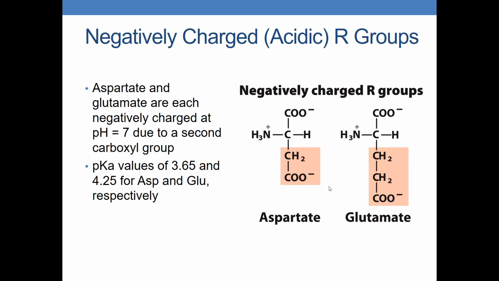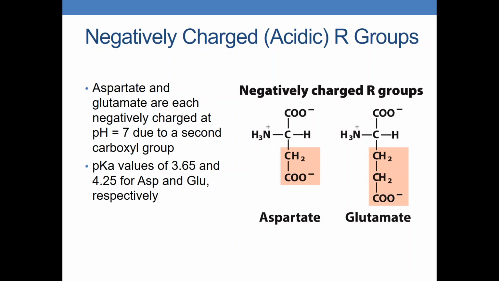The difference between aspartate and glutamate is one methylene group. Aspartate has one methylene group separating the alpha carbon from the carboxylate functional group. Glutamate has two methylene groups, so you just have one additional methylene group in the case of glutamate.